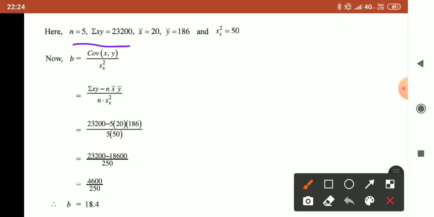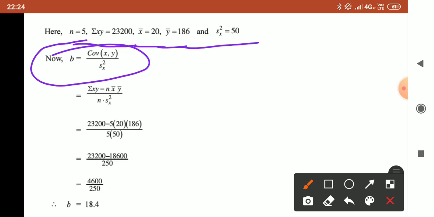Here I have n equals 5, sigma xy equals this, x bar is 20, y bar is this and sigma x square is this. So I have one formula which we have already learned, that b equals covariance xy upon sx square. But how will I find covariance xy? Covariance xy is not given.